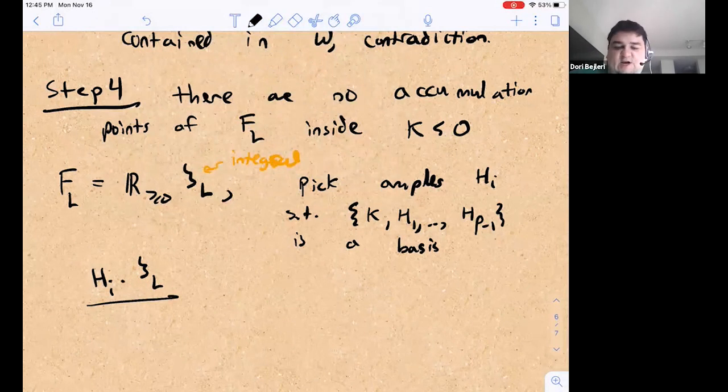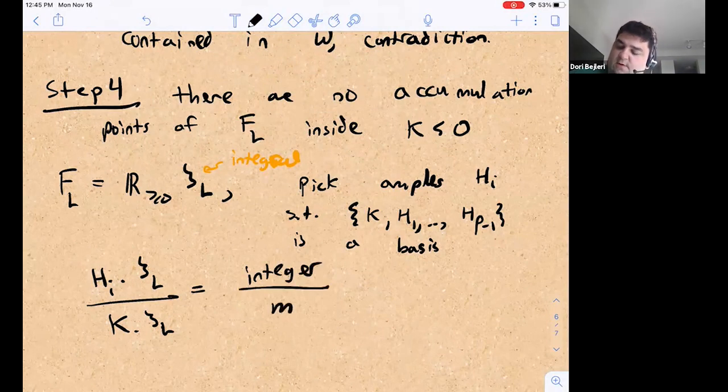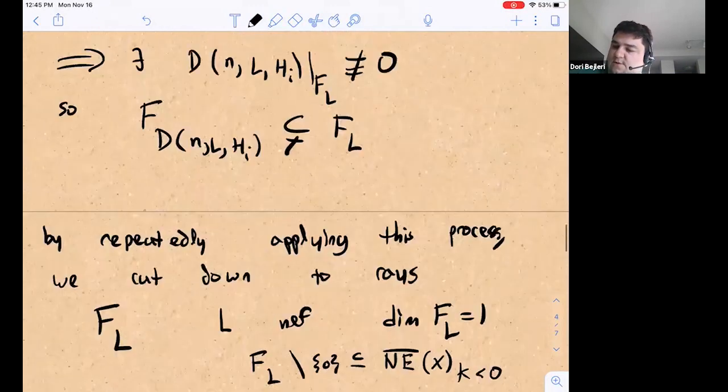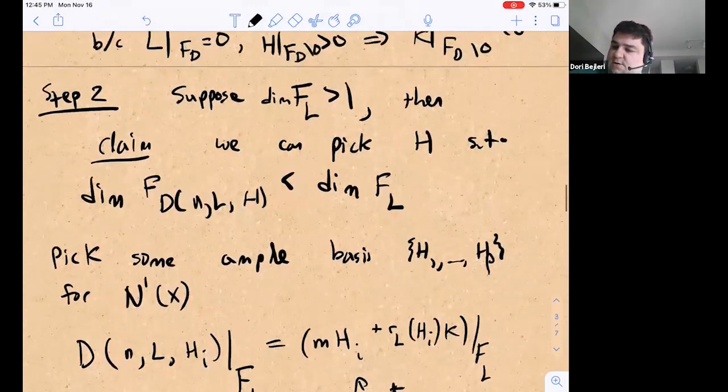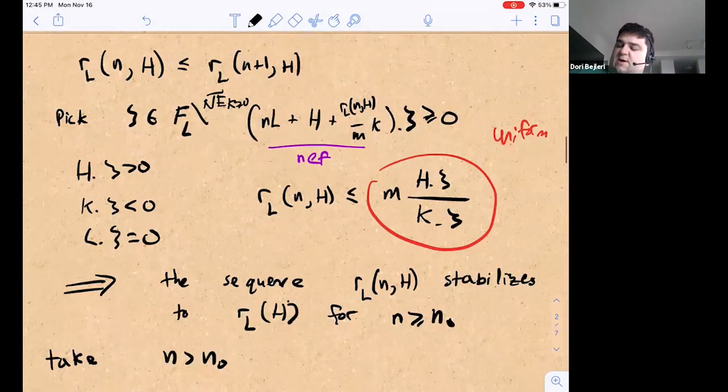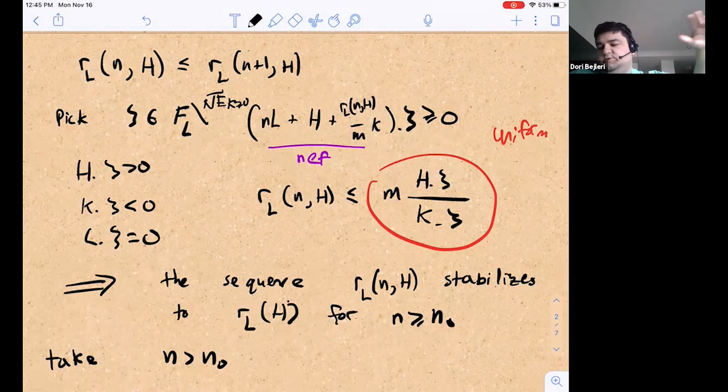So now we can look at this H_i psi L divided by K psi L, and this is going to be some integer over m, again because of our rationality bound. Where did we do this computation? Right here, except now we're all the way up to the threshold where things don't change anymore. So it's actually an equality, because this is actually a curve where d is 0.